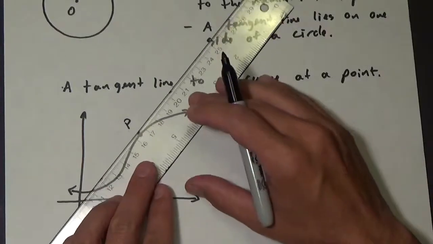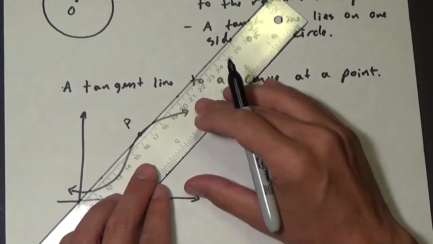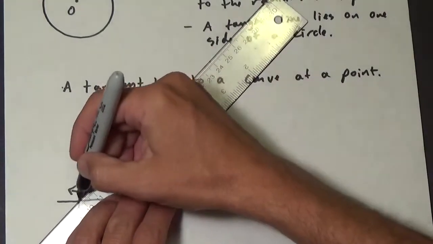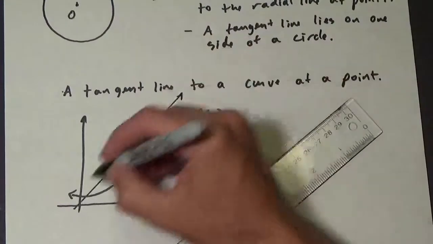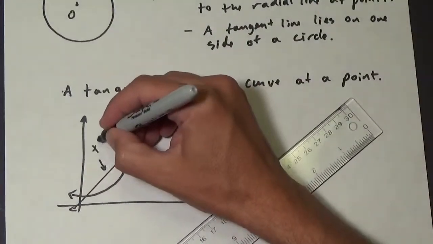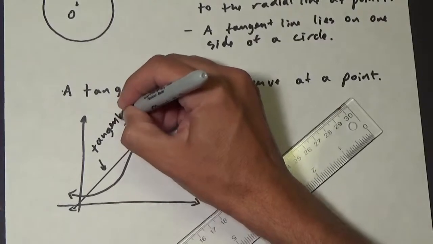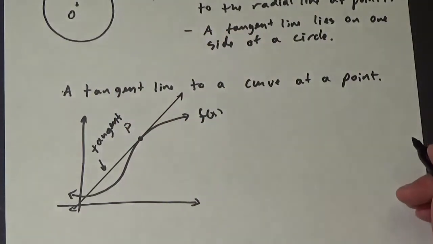Okay, well, let's see here. Take my ruler, draw my tangent line. So here is my tangent.